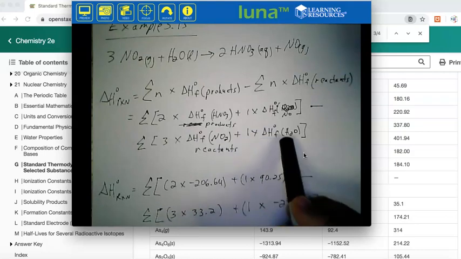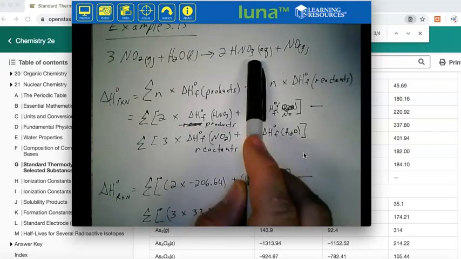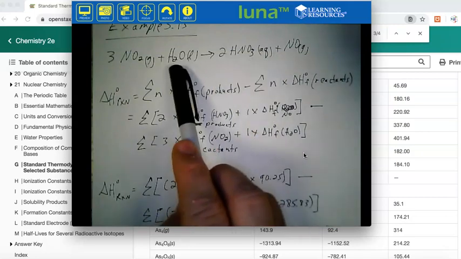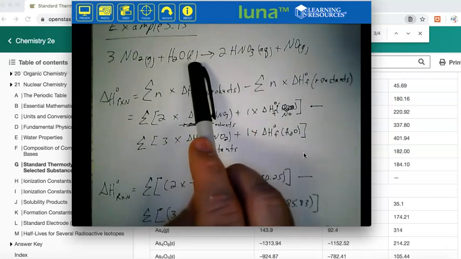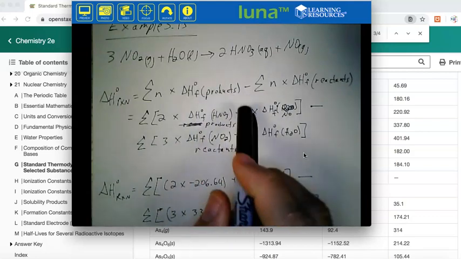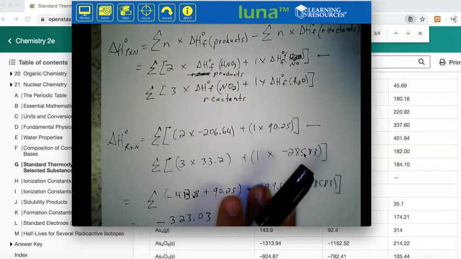When you're looking up these values, you have to make sure you're looking at the state of matter, because there are different values for liquid water compared to water as a gas and so on. I just wanted to show you where I got these numbers from.